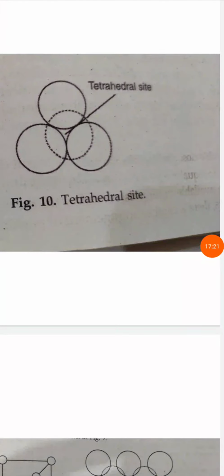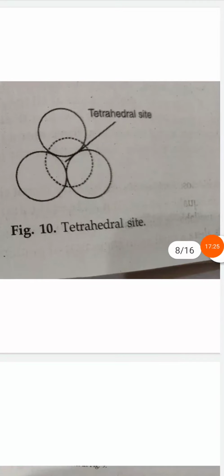A tetrahedral site is formed when a sphere in the second layer is placed above the 3 spheres touching one another in the first layer, and the centers of the 4 spheres are disposed towards the corners of a regular tetrahedron.